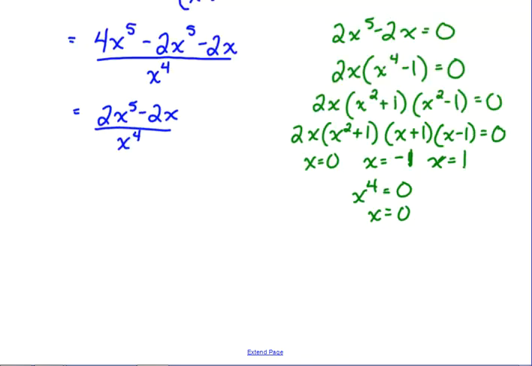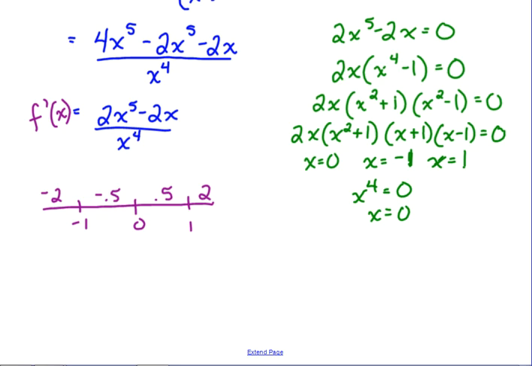All right, so we've got our critical numbers, so we need to set up our number line. We've got negative 1, 0, and positive 1. I'm going to plug in negative 2, negative 0.5, positive 0.5, and positive 2, plugging this into our derivative right here. Just as a reminder, I'm not really concerned about what the numbers are. I'm just concerned about whether they're going to be positive or negative.